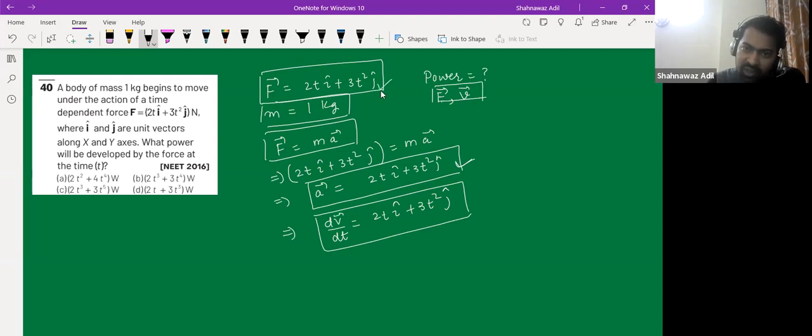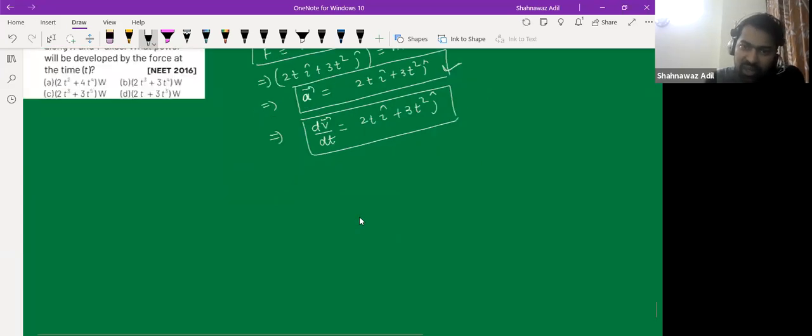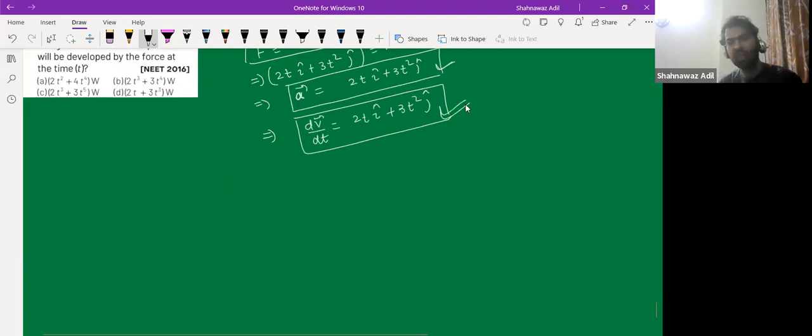Force is already given, so we require the velocity. From acceleration, we know that this is dv by dt. So from here, can we calculate the velocity? Yes, so how can we calculate?